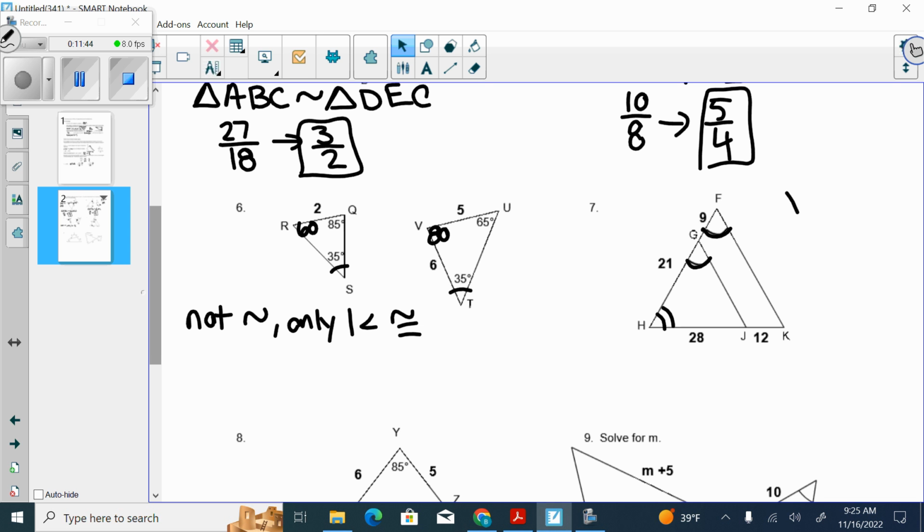So I can say that yes, these 2 figures are similar, again, by that angle-angle postulate. And then I just need to make my statement and give the ratio. So I can say triangle HGJ, which is my smaller one, is similar to triangle what? Okay, good.